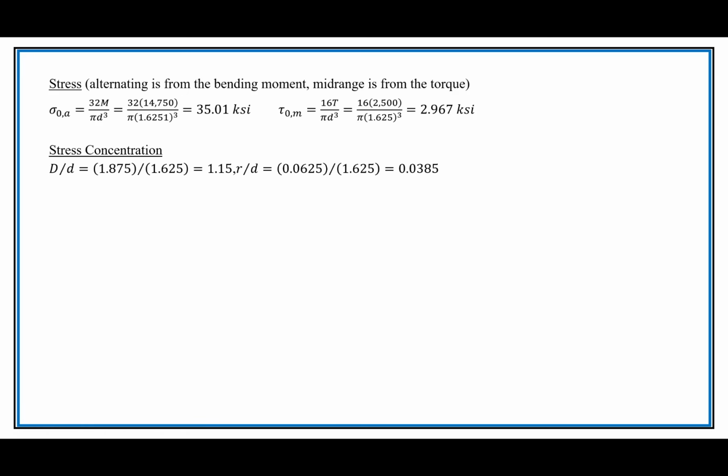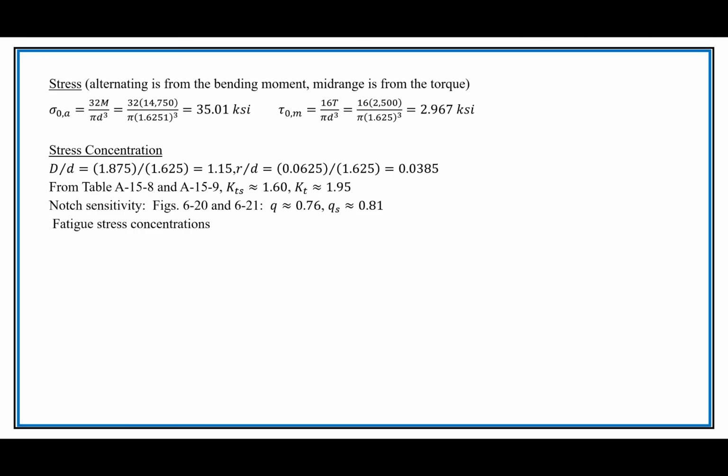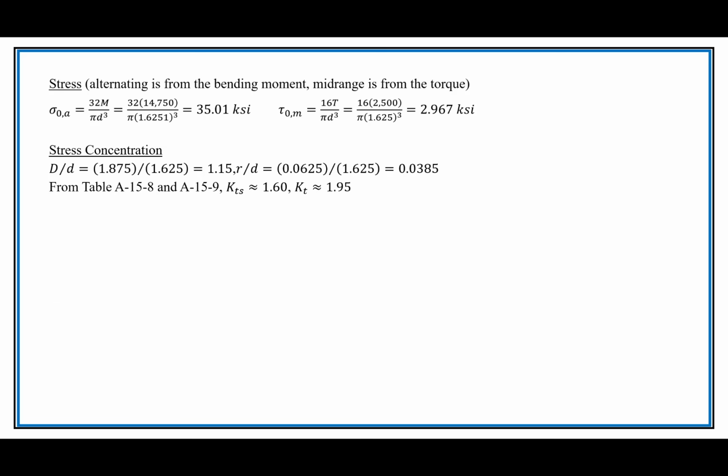The stress concentrations we can look up. Did I put them up there? No, I guess we can take it on faith that we were able to find these from table 15.8 and 15.9 for this ratio of D over d and this fillet radius right in there, 1/16 apparently, compared to that diameter.